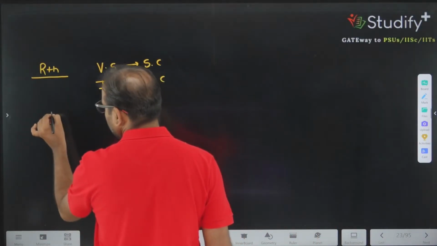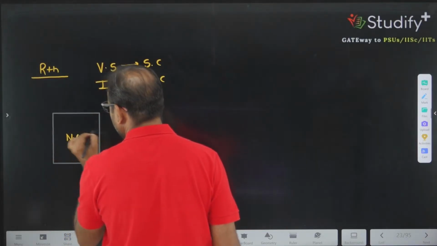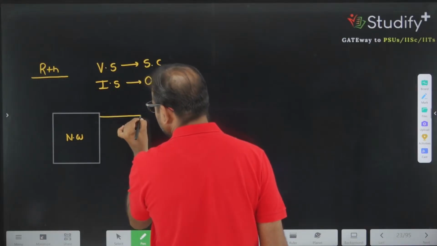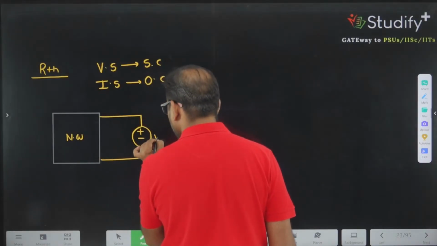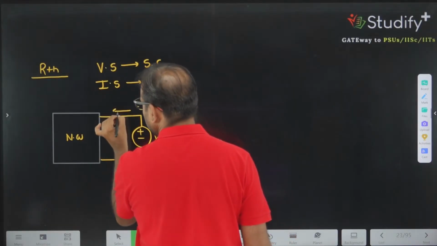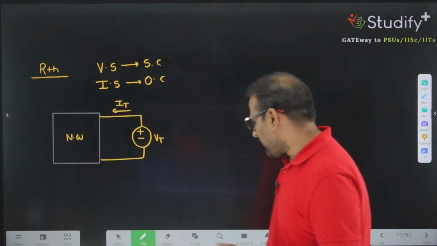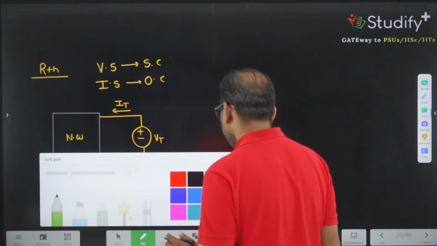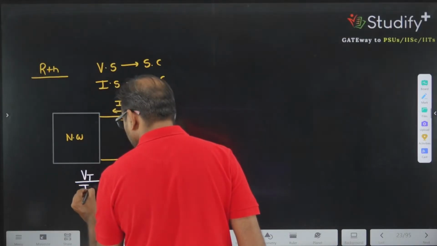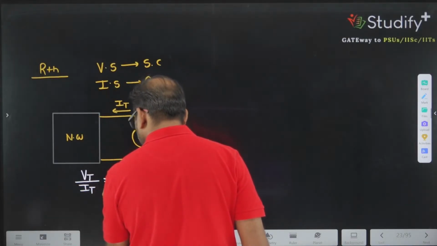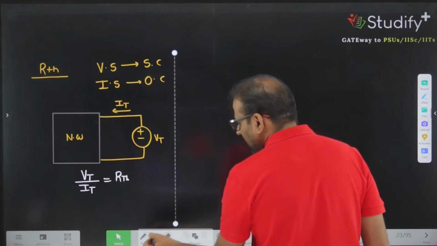Suppose this is your network, and if you are interested in calculating the Thevenin's resistance, the idea is very simple. You can call this value VT, and this current value is IT, provided all independent sources are 0 for this network. So this VT divided by IT ratio is known as RTH.